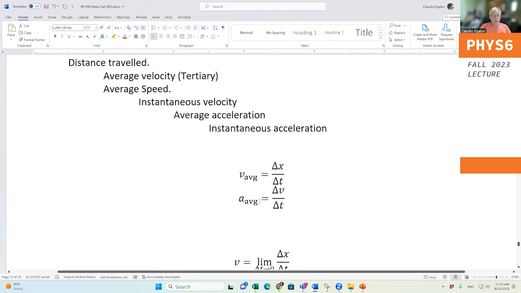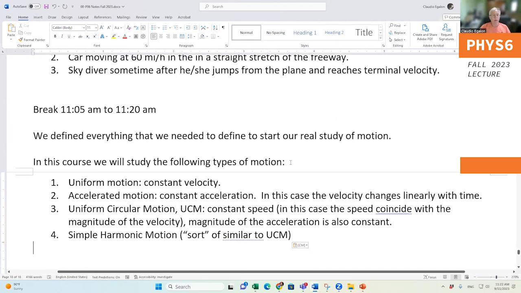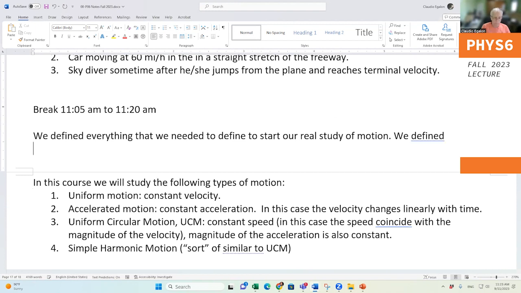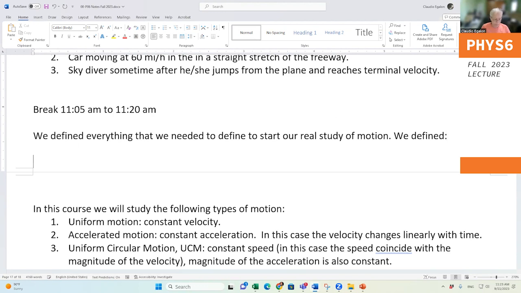Okay. Here are the types of motion that we have. And what we defined: position, right? I'll put it here as a list.